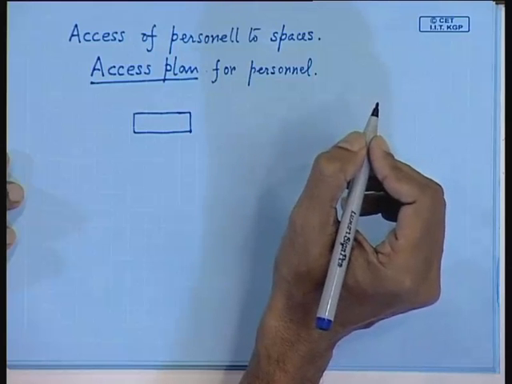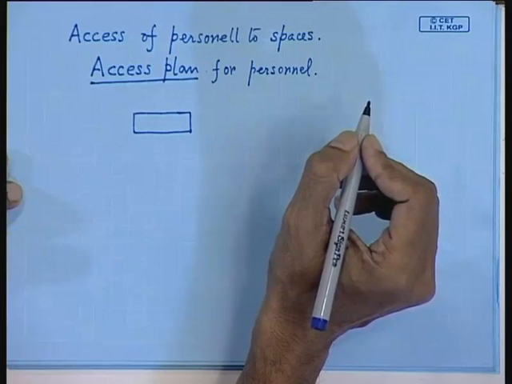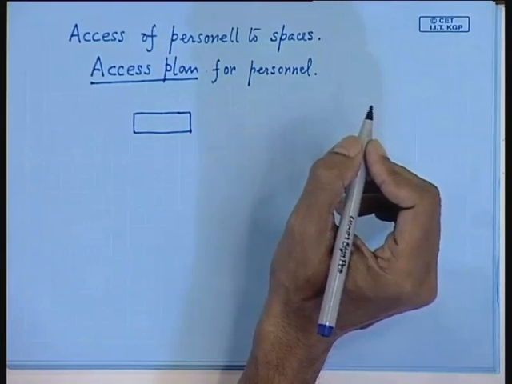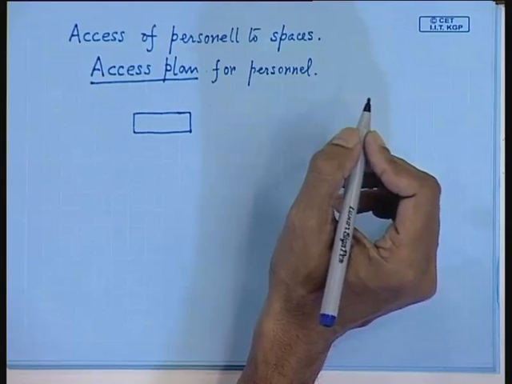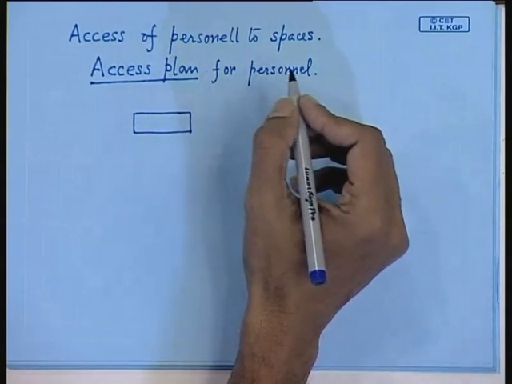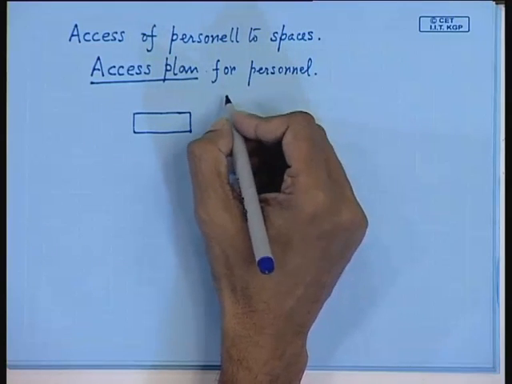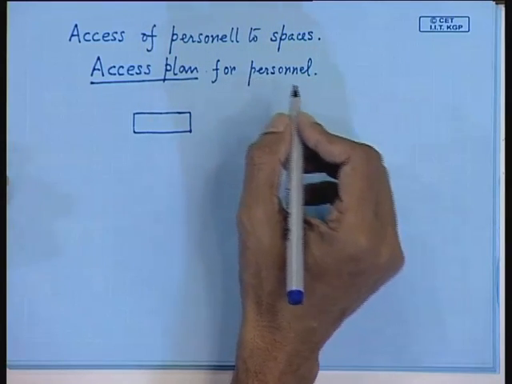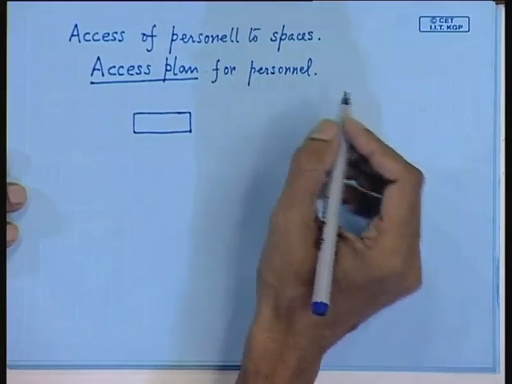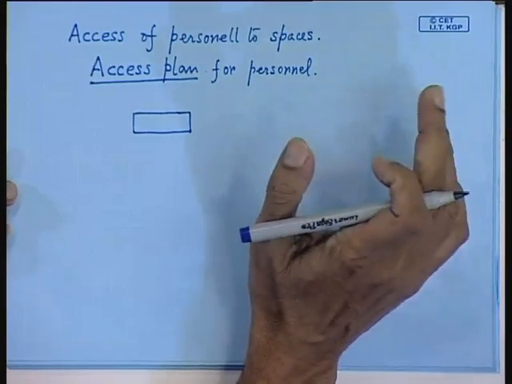Now, how do you design an access plan? First of all, the personnel going to these particular spaces should feel protected, isn't it? The first thing that you do in ships or offshore structures is that you should not expose personnel to bad weather, or suddenly he is thrown overboard. So, risk to personal safety is there.